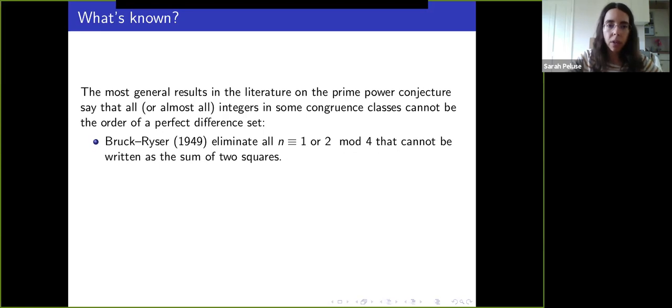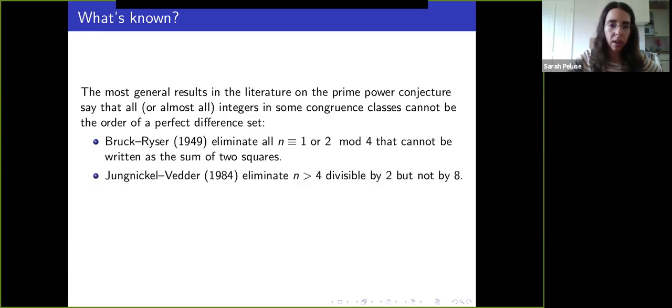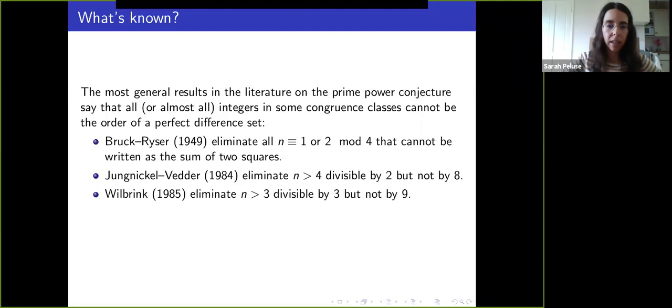So there are also results that are specifically for perfect difference sets, and not all projective planes. There's a congruence restriction of Jungnickel and Vedder that eliminates basically all the congruence classes mod 8, and also one of Wilbrink that eliminates congruence classes mod 9.